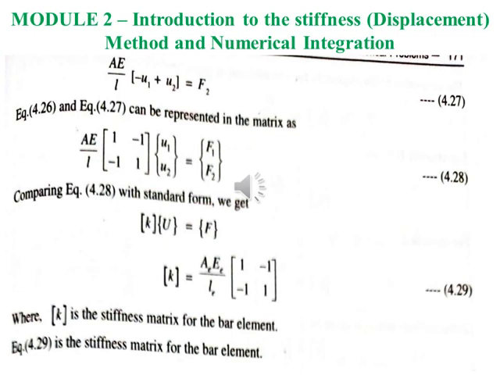Whenever there are multiple elements, the individual stiffness matrices have to be derived and then added in order to get the global stiffness matrix. We can understand this with the help of an example when we are solving the problems.